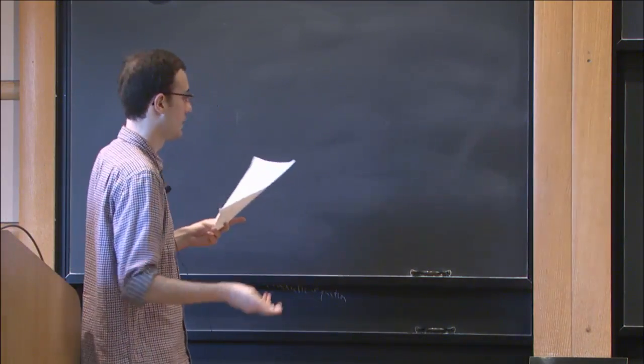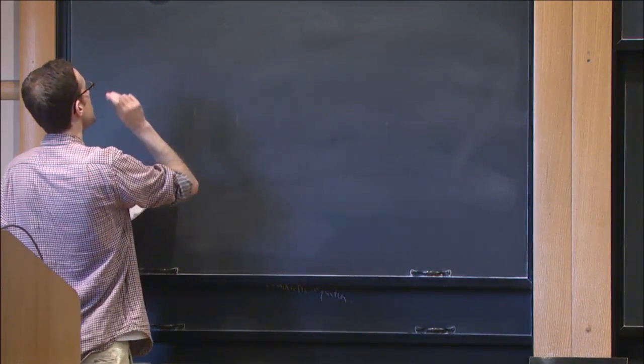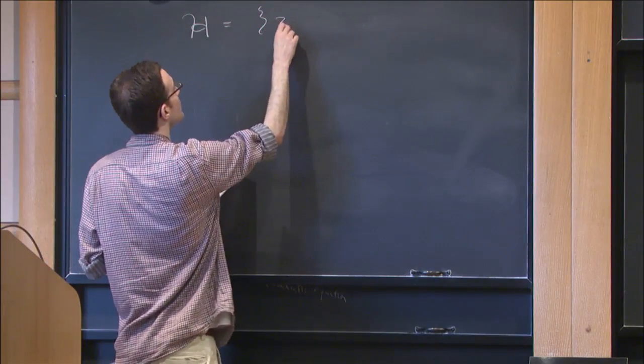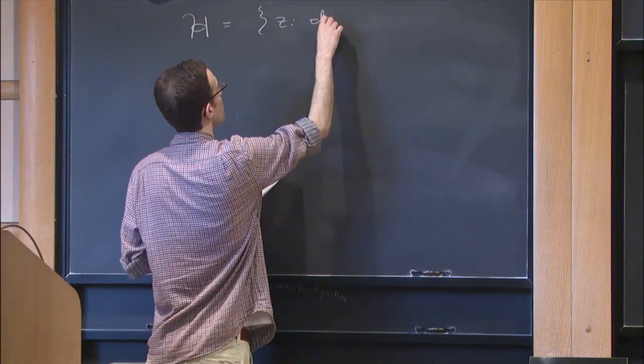multivariate polynomials. So let me define H to be the upper half plane, the complex numbers such that the imaginary part is positive.